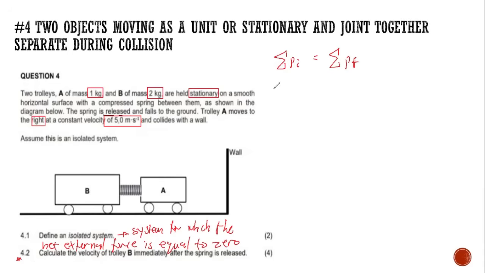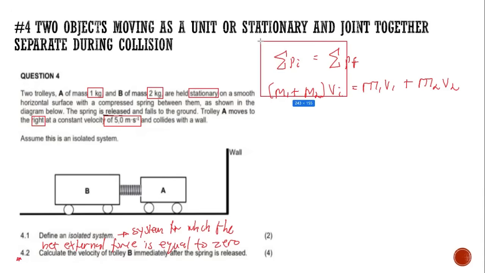It is just the reverse of the cases we had in case number 2 and case number 3. This time we start with the two in combination, sharing the initial velocity, and then after that they separate: m1v1 plus m2v2.